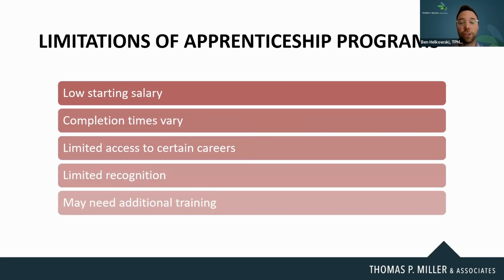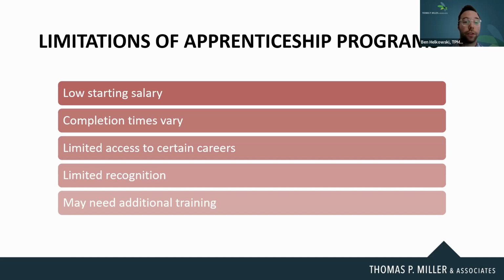However, we encourage you not to get discouraged. This is why it's important to pay attention to best practices and industry developments to make sure that your registered apprenticeship programs are effective and efficient and overcoming these limitations and barriers.